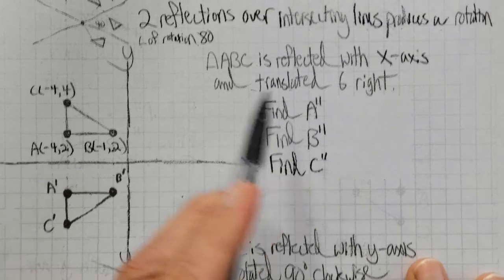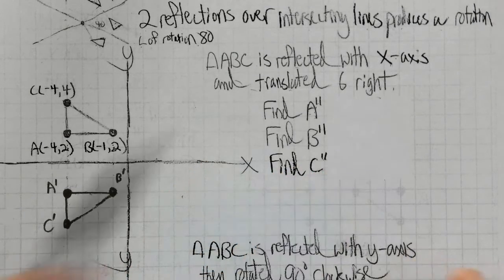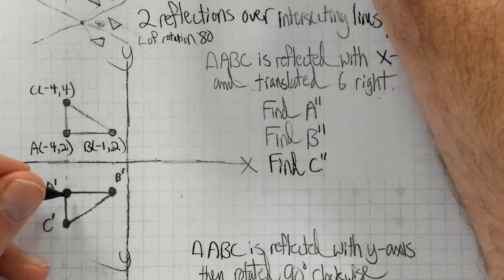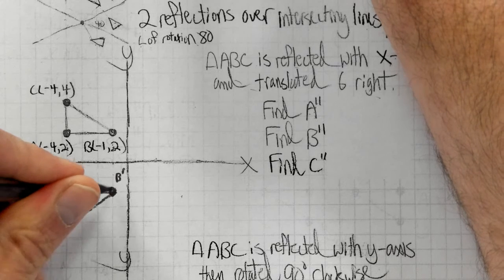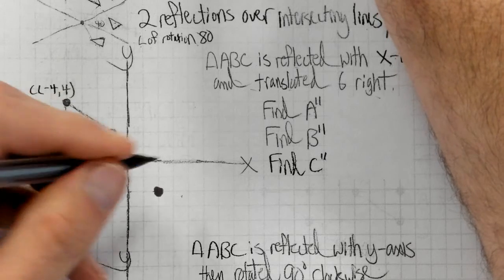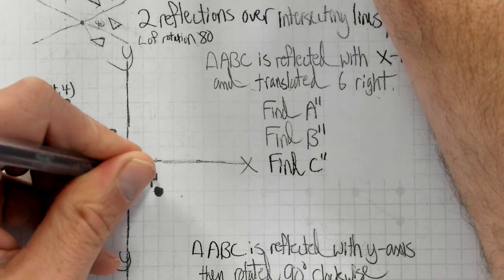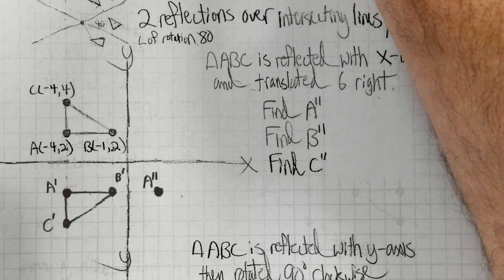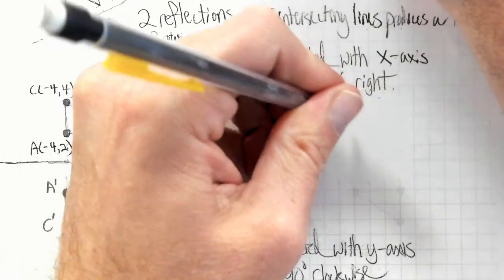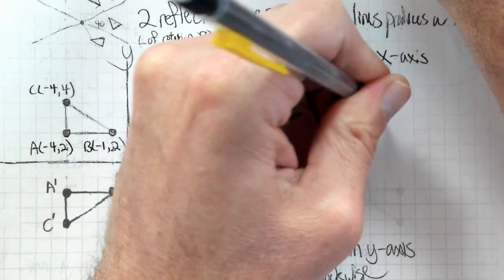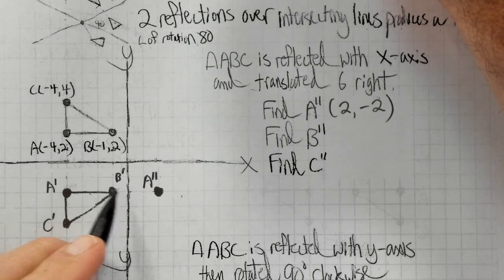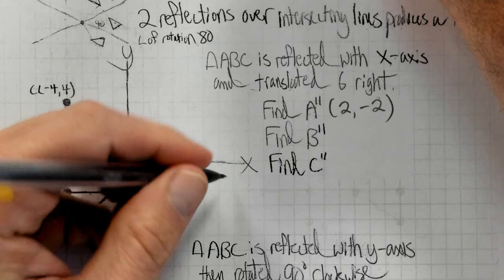Okay. Now, what's the second movement? Translated 6 to the right. So now I need to take all of these points and move them 6 to the right. So here's A. 1, 2, 3, 4, 5, and 6. And so that's now A double prime, right? It's the second movement. What are the coordinates? 1, 2. So that would be 2, negative 2. All right. The next movement now for B is 1, 2, 3, 4, 5, and 6. They're all moving 6.